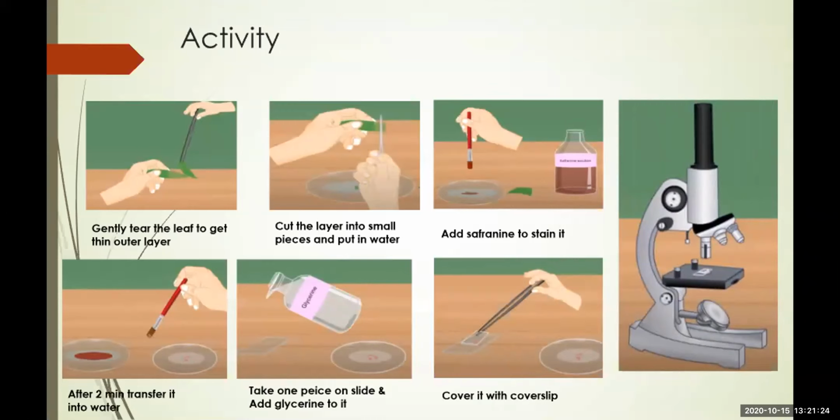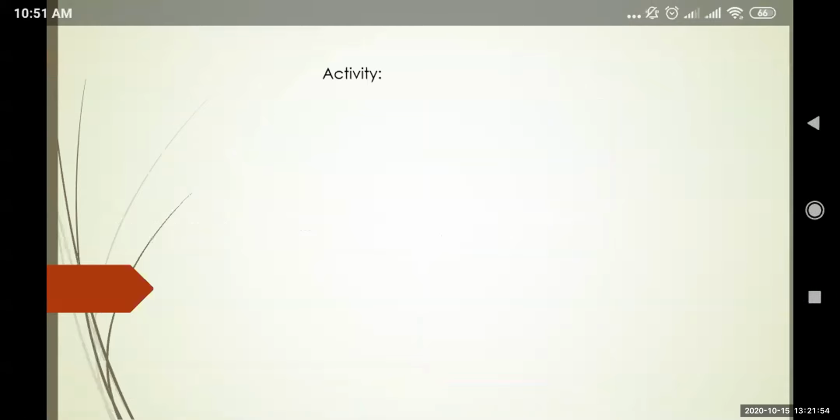Squeeze the leaf gently, take out the thin layer, cut it into pieces, put it in the water. Add a few drops of safranin stain to it. Then transfer the stained pieces into a watch glass containing water. Then transfer the piece of the tissue on the slide, add the glycerin and observe it under the compound microscope.